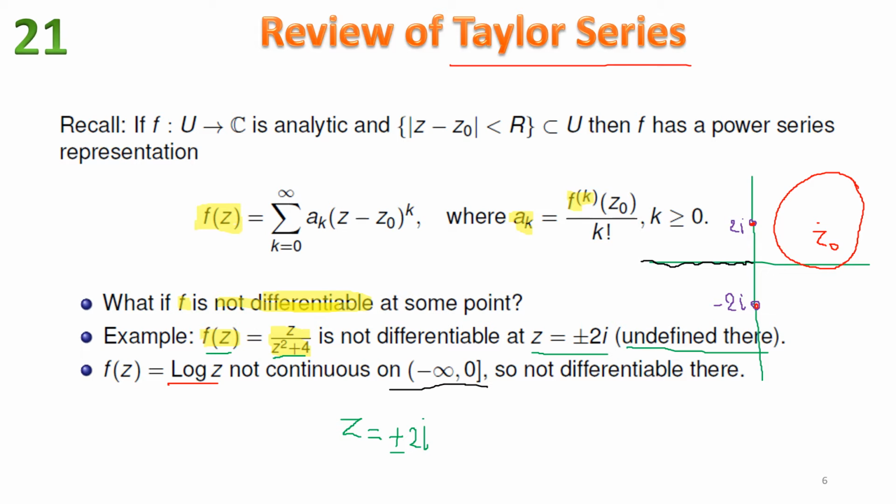And for such a situation, if you try to build a circle of radius r around this, this is the region where the problem prevails. This is the place where it is not differentiable. How to handle such situations? Laurent series offers us help at such locations.